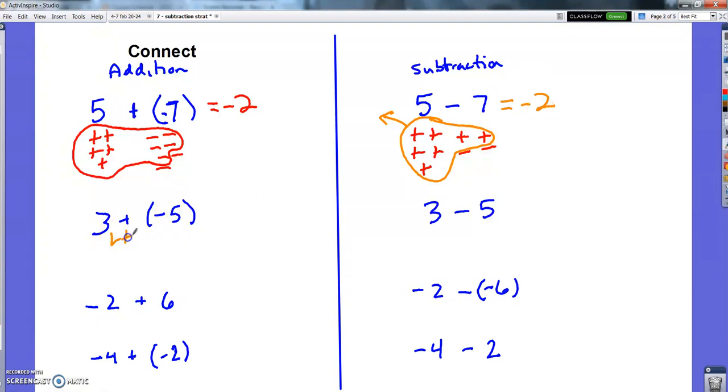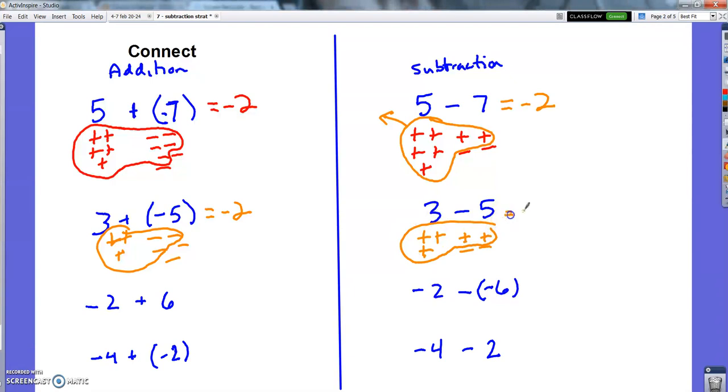3 plus negative 5, I'm going to go fast because I know you know how to do this. Alright, 3 plus negative 5 is negative 2. And 3 minus 5, similar problem, same numbers, just some sign and operation differences, was 3, take away 5. Negative 2.